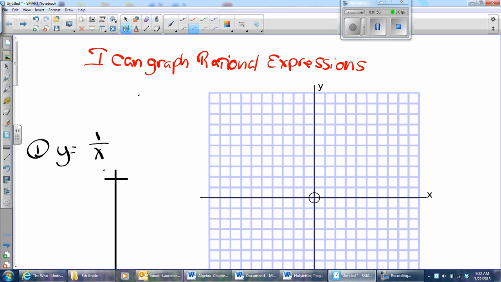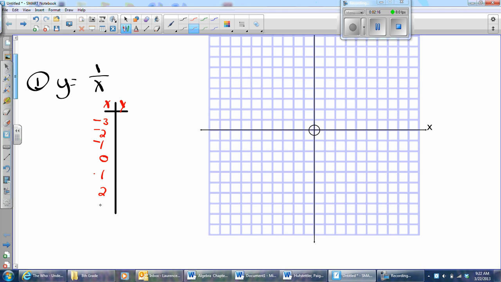Once I get a little bit better at this, I won't have to put in so many points. Let's go with 3 negatives, -3, -2, -1. Let's go with 0, 1, 2, and 3, and see what's going to happen here.